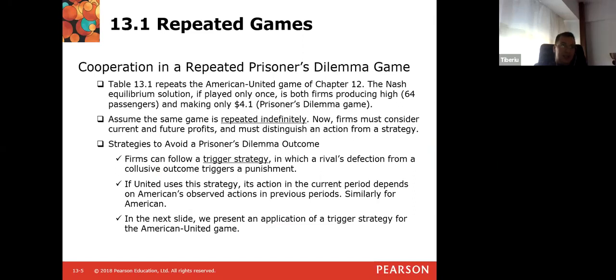The Nash equilibrium solution, if played only once, is both firms producing high, 64 million passengers, and making only $4.1 million. Prisoner's dilemma game: assume the same game is repeated indefinitely. Now firms must consider current and future profits and must distinguish an action from a strategy.